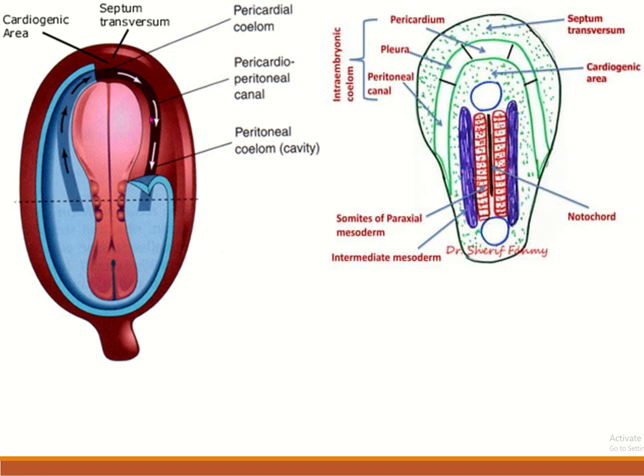It is a U-shaped structure situated in front of the cranial end and two sides of the neural plate. So this U-shaped area is again divided: this part is the future pericardium, these two parts are the future pleura, and these two parts are the future peritoneal cavity.